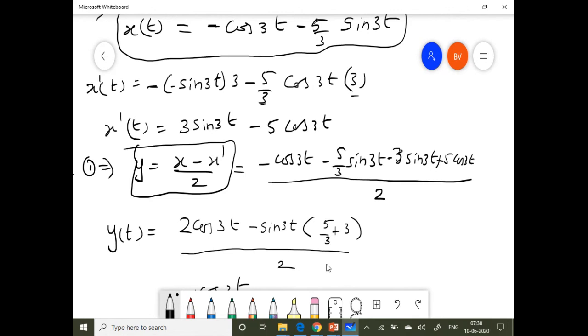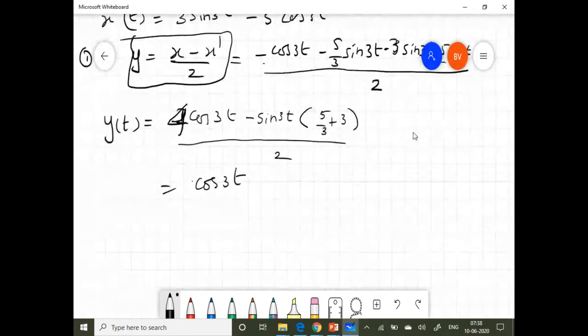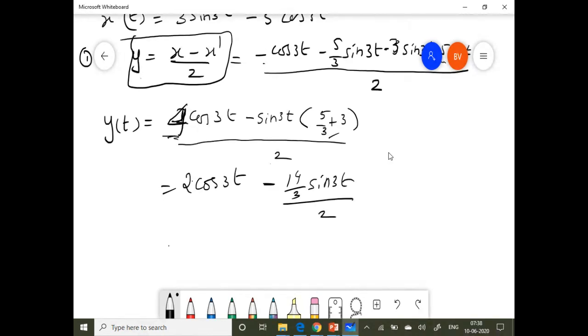Okay, this is actually not 2, actually 4. It should have been 4 times cosine 3t. And 5 over 3 plus 3. Okay, now it's going well. 4 over 2, it will be 2 cosine 3t when you divide by 2. Next term, sine: cross multiply, 3 into 3, 9, plus 5, 14 over 3 sine 3t over 2. So y of t, finally what do you get?